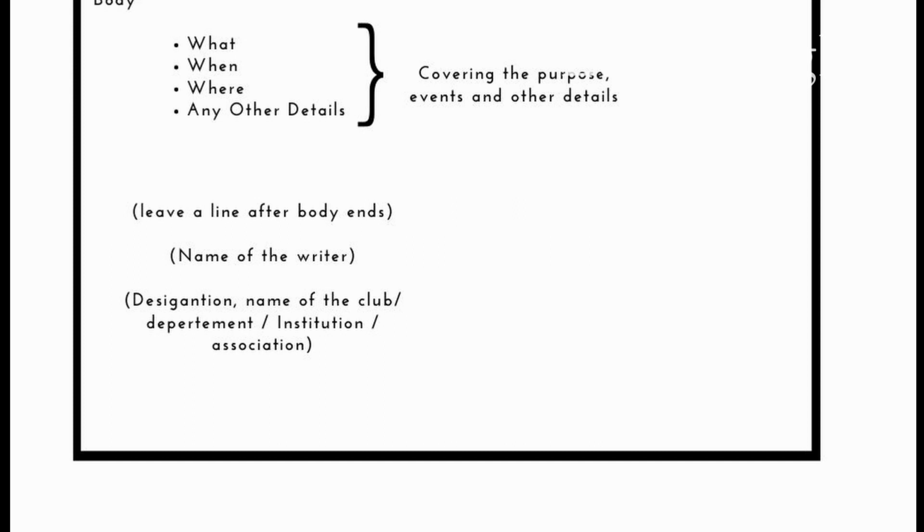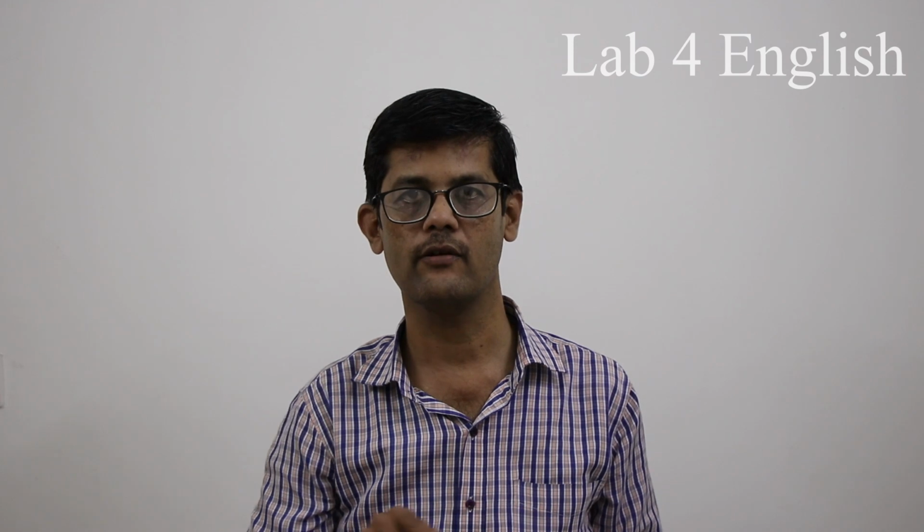Then a comma and the name of the club or institution of which they are the secretary or the head boy or head girl or anything. And then the bracket has to be closed. Once this whole thing is done, then we have to draw the bottom line to complete the box.